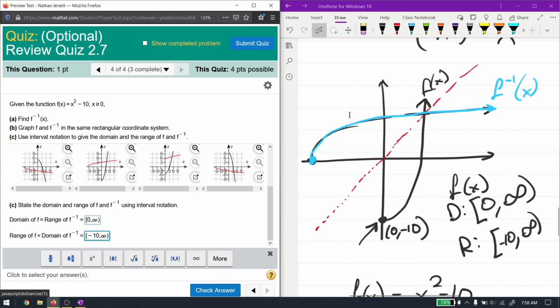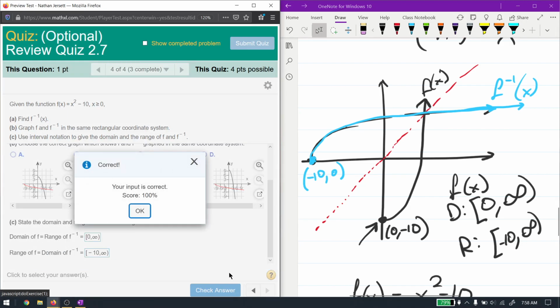You don't actually need that to tell you, but it tells us that this point is at negative 10, 0, because that's where the domain starts for the inverse function. And then, of course, this does, in fact, keep going up to positive infinity. It just goes there very slowly compared to the original f of x, the black function there. Okay, let's check it. And that's correct.